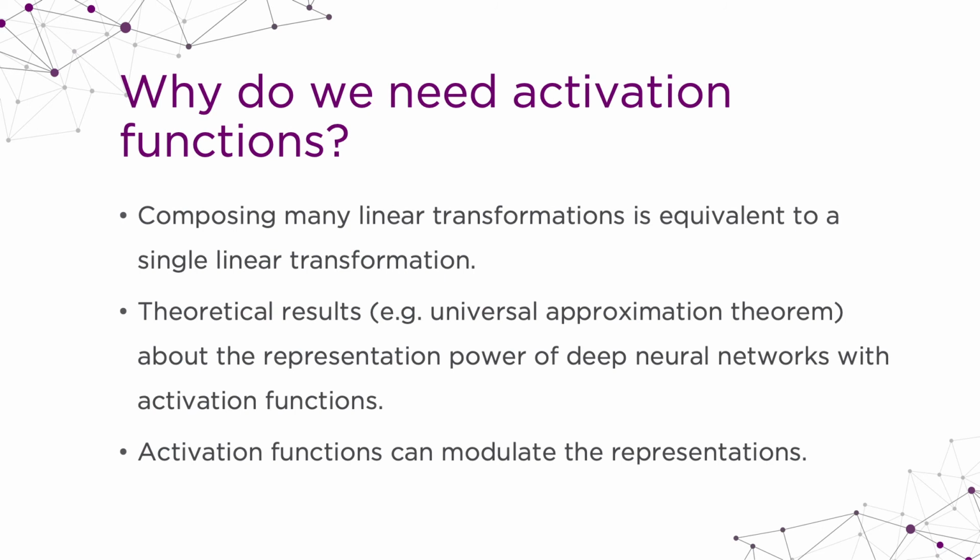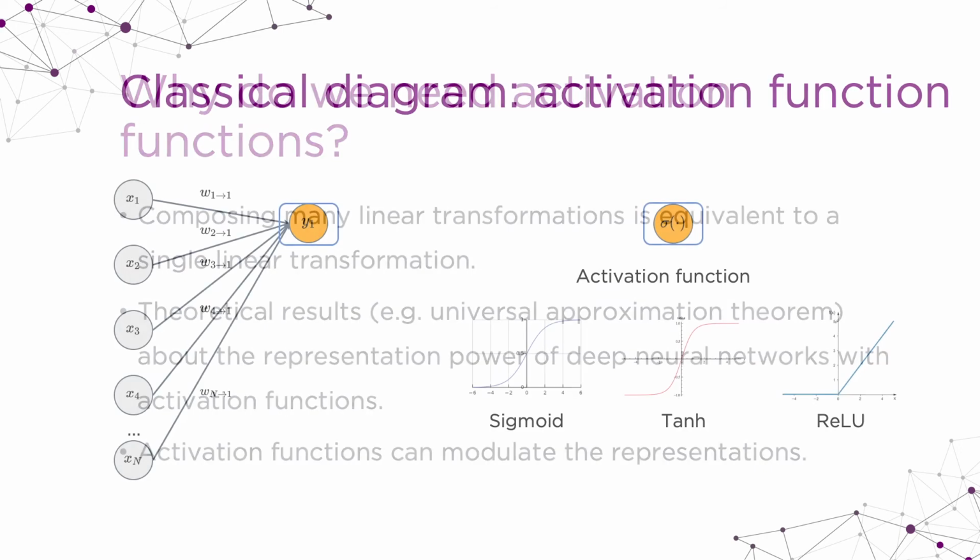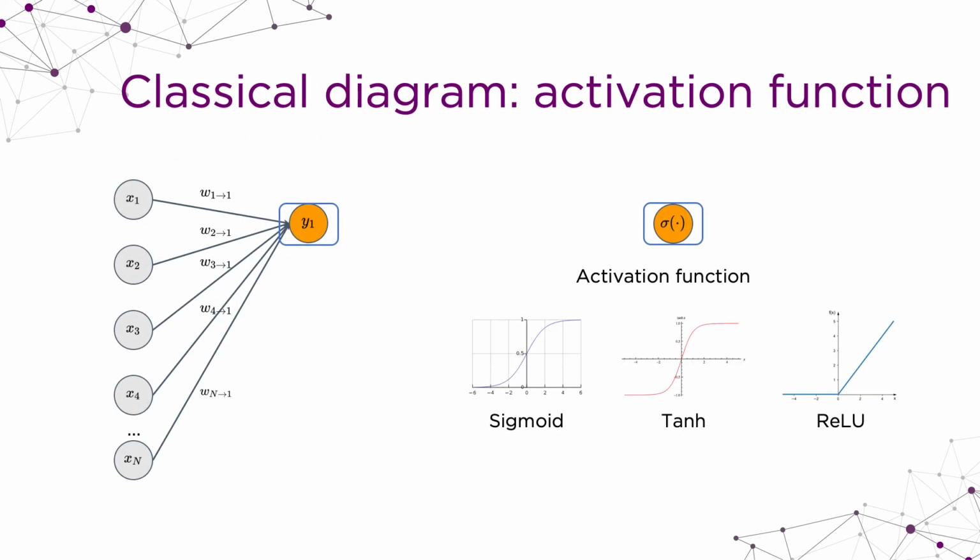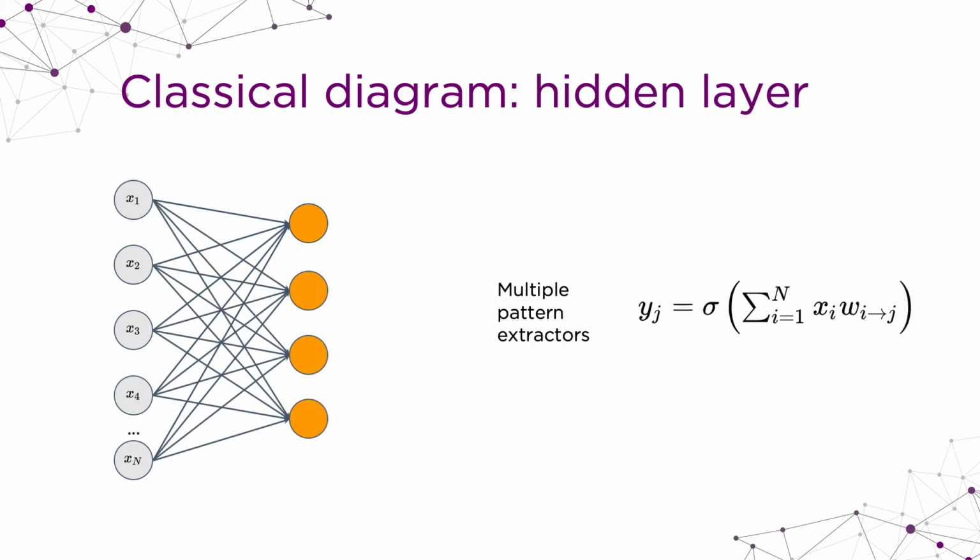Also, there are theoretical results about the universal approximation theorem. This theorem says that by using this kind of activation function, and I think there is a newer one with the ReLU, we can approximate any continuous function if we are using enough neurons on the hidden layer.